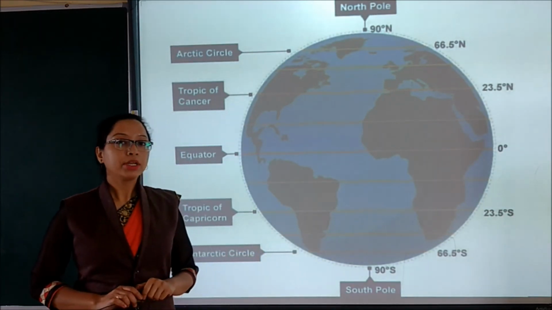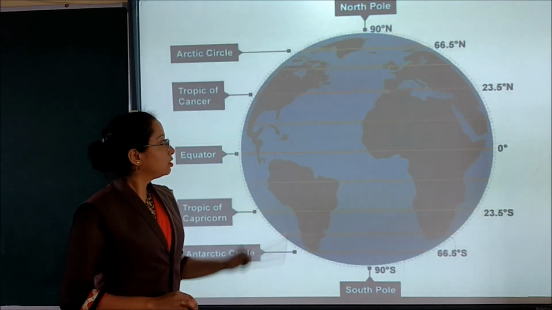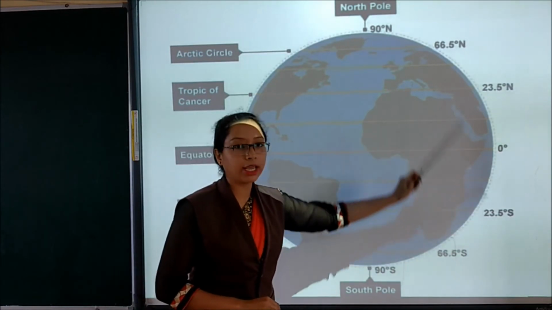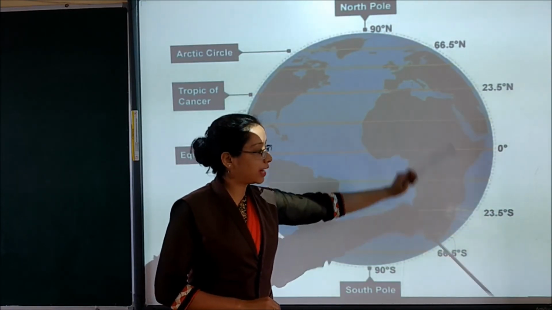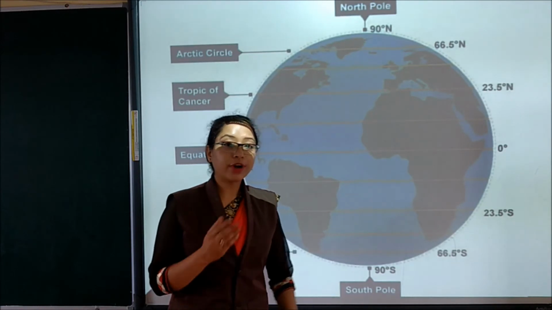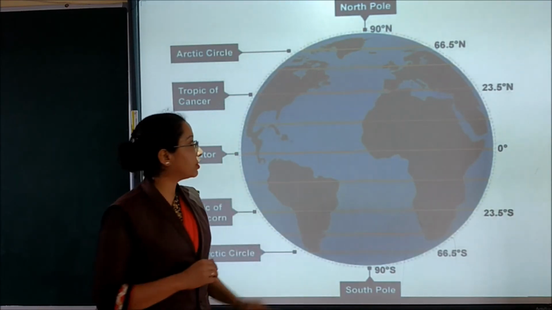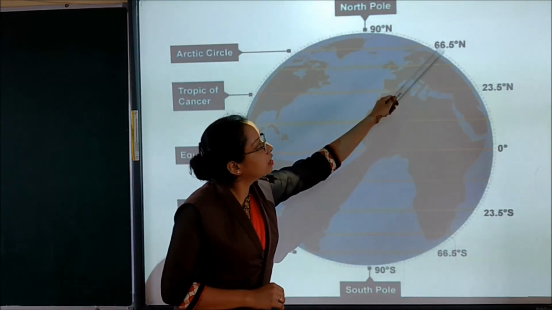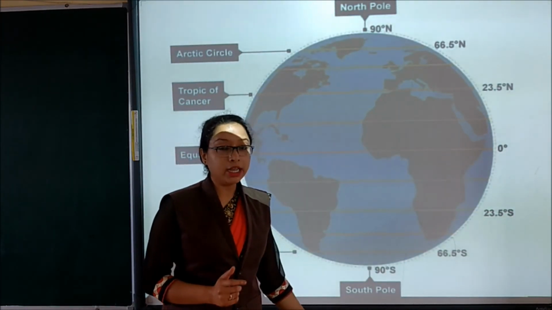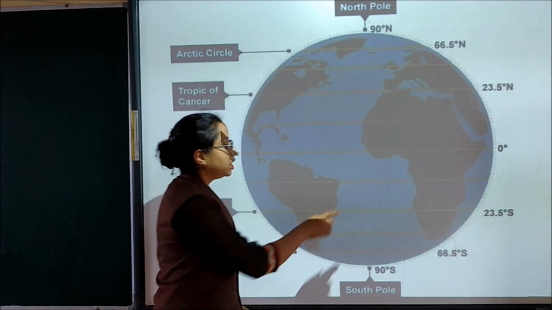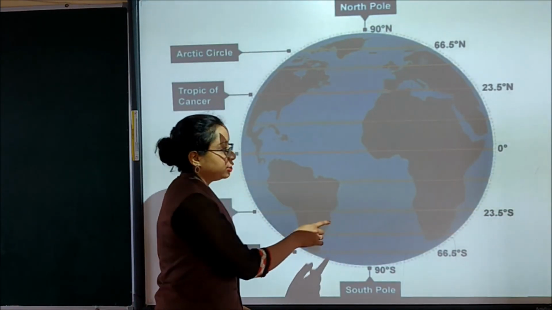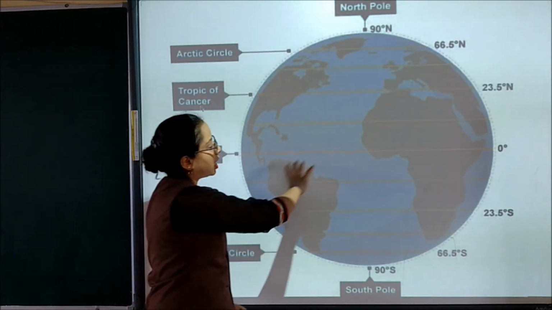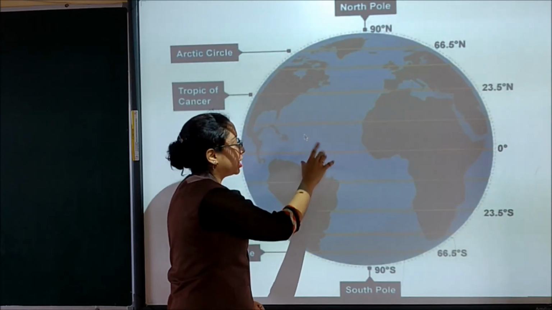Now children, there is a question: Tropic of Cancer and Tropic of Capricorn have the same degrees, 23.5 and 23.5. Now why do they have the same degree? Even when we see Arctic Circle and Antarctic Circle, they both have the same degree. Why? Because these lines of latitude, Tropic of Capricorn and Tropic of Cancer, are at an equal distance from the equator.